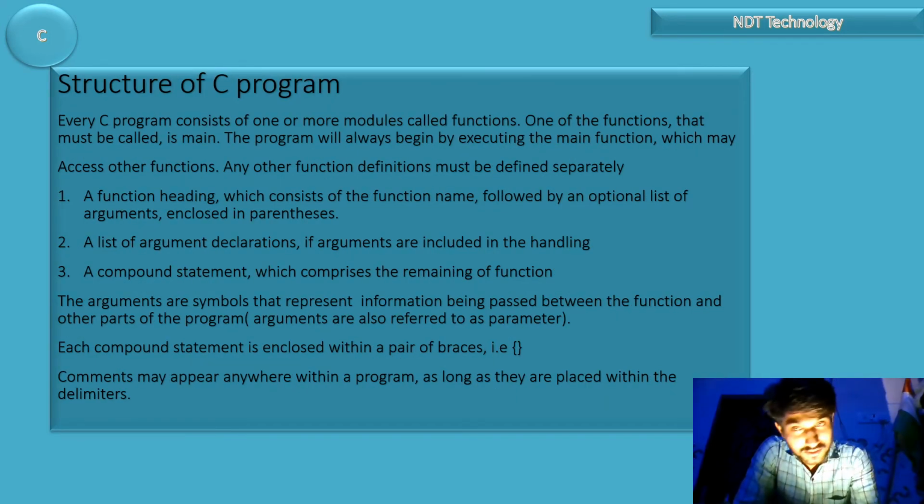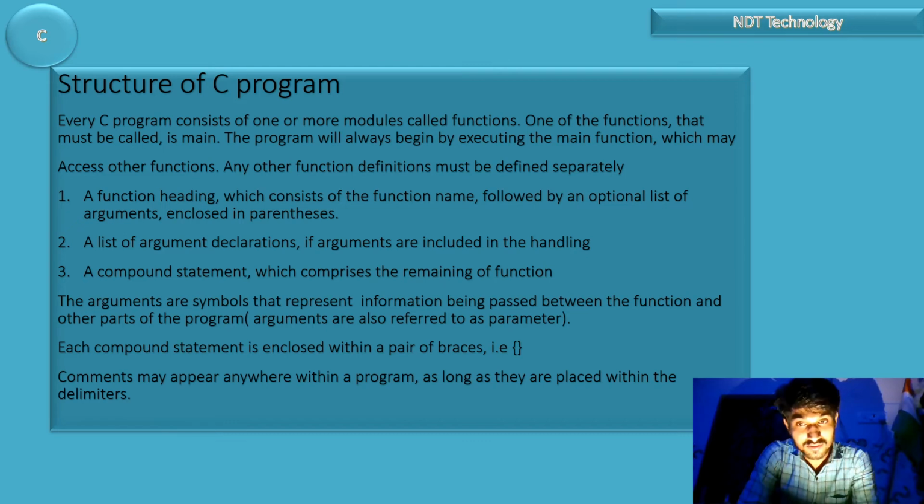What is the structure of a C program? Every C program consists of one or more modules called functions. We might have some functions for the development. One function that must be present is the main function. A program will always begin by executing the main function. The first function will be the main function, which may access other functions.